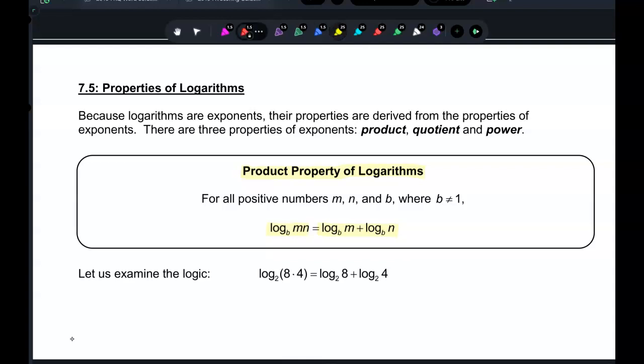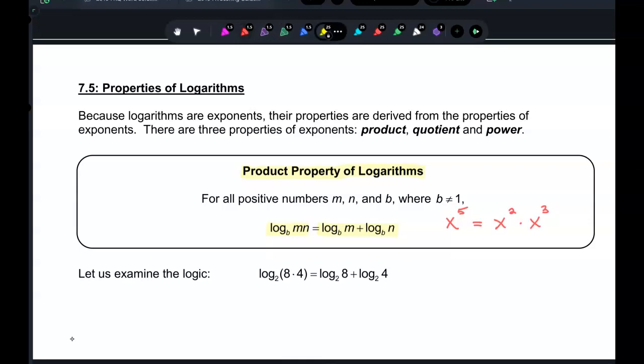Let me explain what that kind of looks like with exponents. So let's say I had x to the 5th power. I can divide that up into x to the 2nd power times x to the 3rd power, or vice versa. I can switch that around. Why?